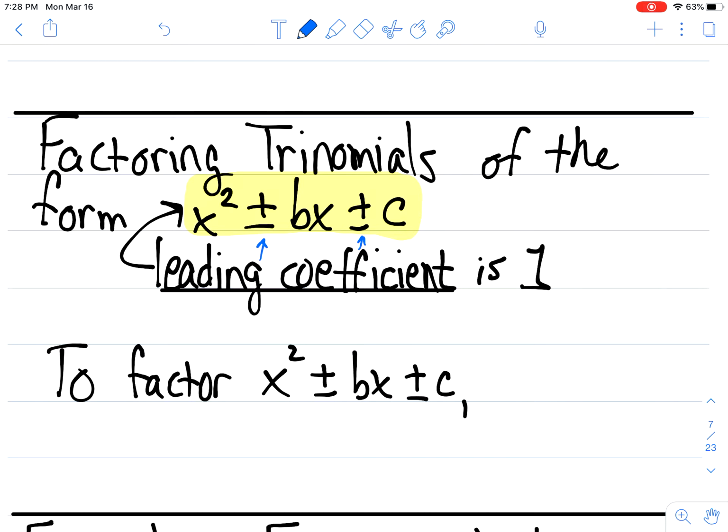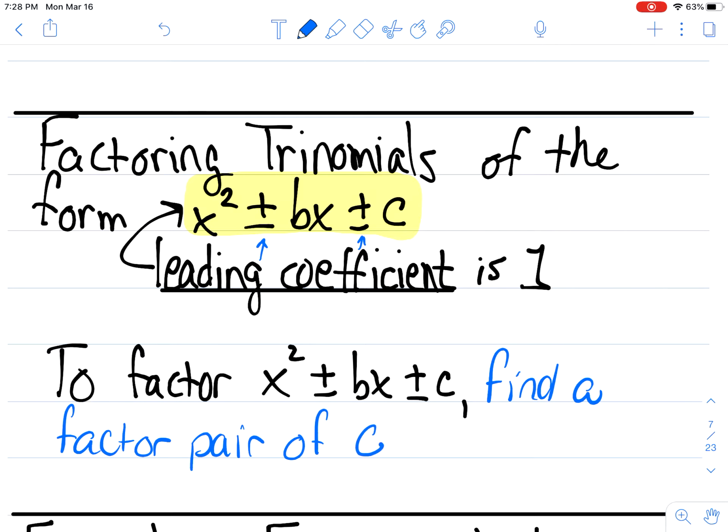But let's finish up our sentence here on the notes that you see. To factor x squared plus or minus bx plus or minus c, it's real simple. All we're going to do is find a factor pair of c that adds to b.